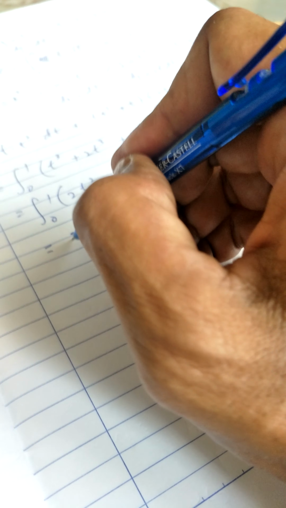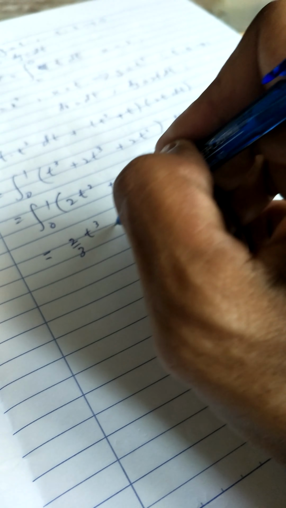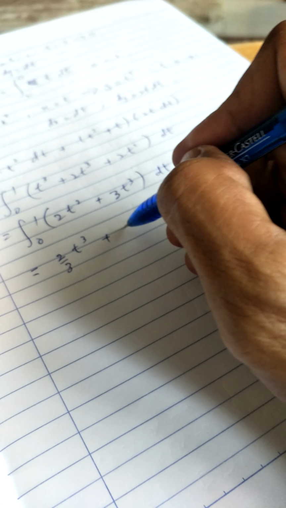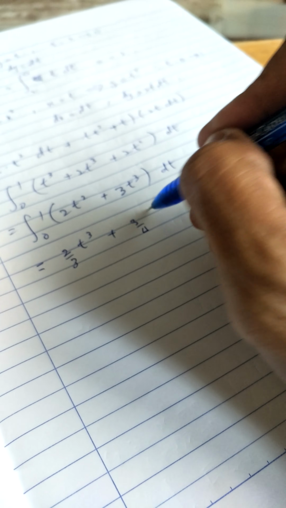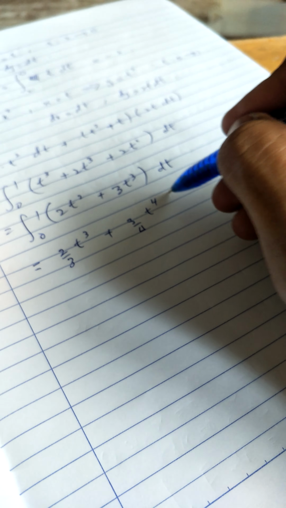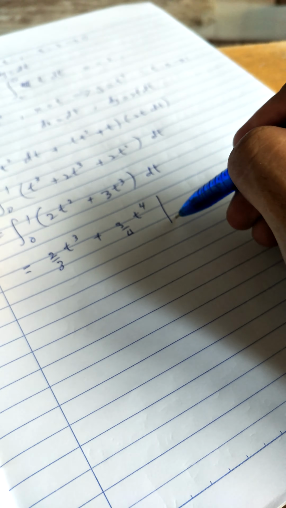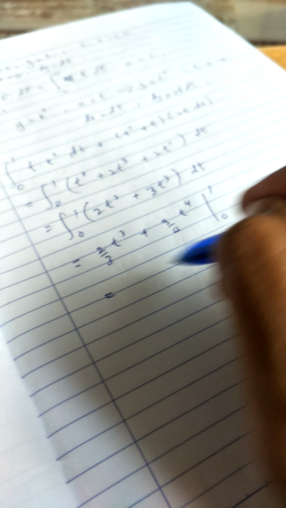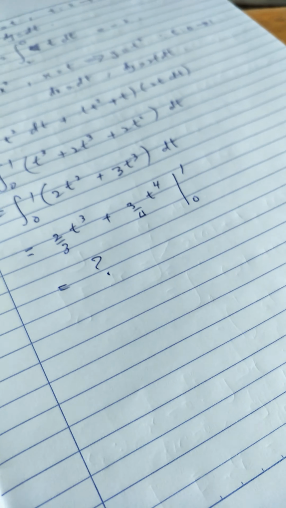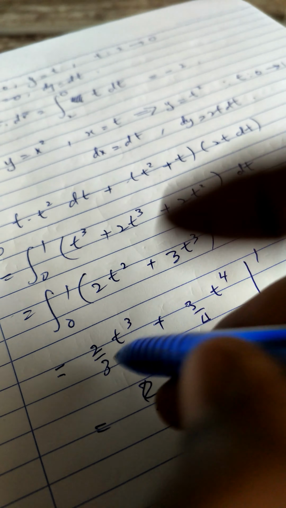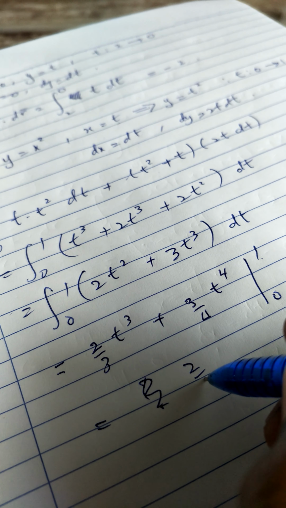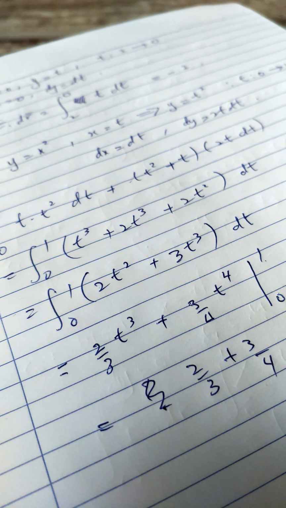So what you have here is 2 over 3 t cubed plus 3 over 4 t to the fourth, from 0 to 1. You can evaluate those things, not difficult, let's do it. We have 2 over 3 plus 3 over 4.